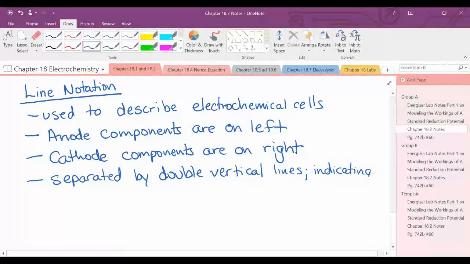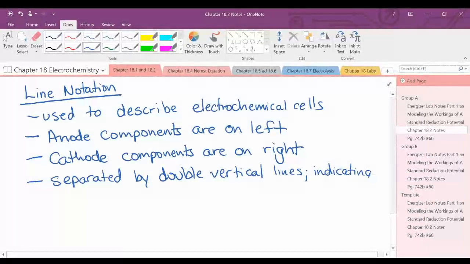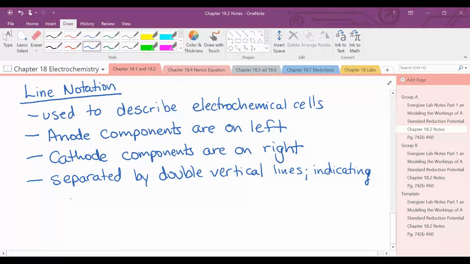Those double lines indicate the salt bridge or semi-permeable membrane.